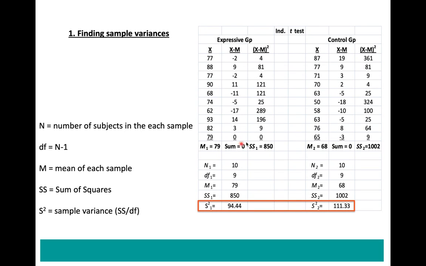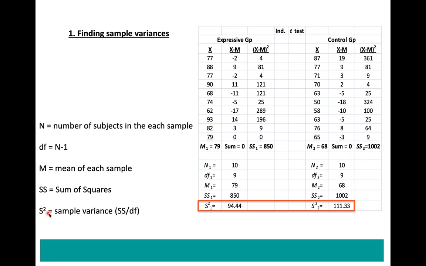Now we can move forward to calculate our variances. We take each n, the number of people in group 1 and in group 2, and find degrees of freedom for each group, which is n minus 1, which is 9. We already have the mean and the sum of squares for each group. We need a sample variance for each group, S squared.